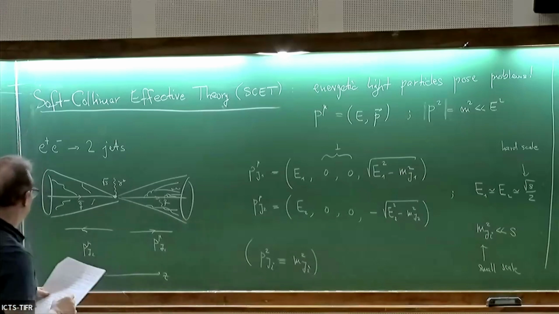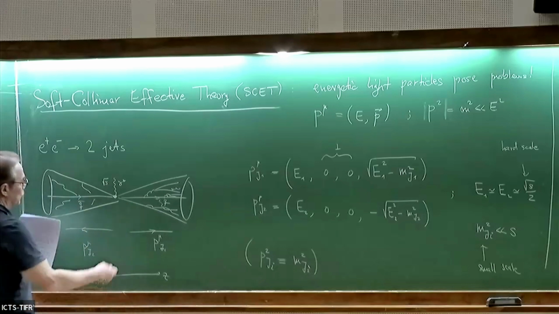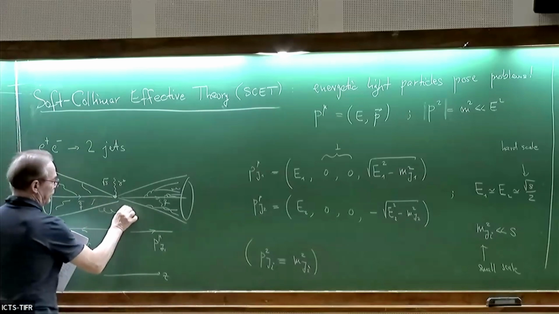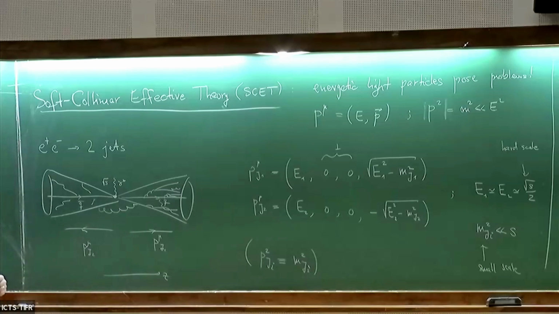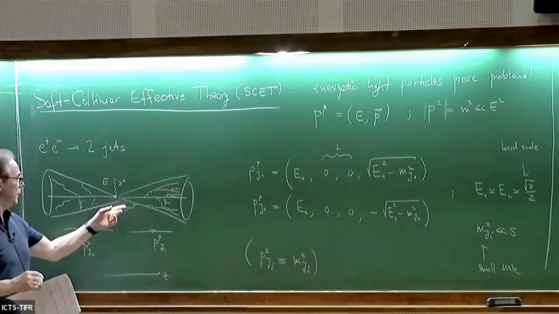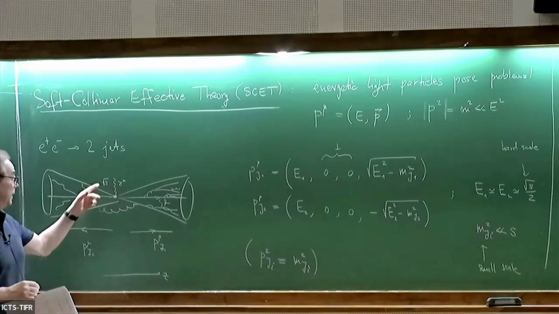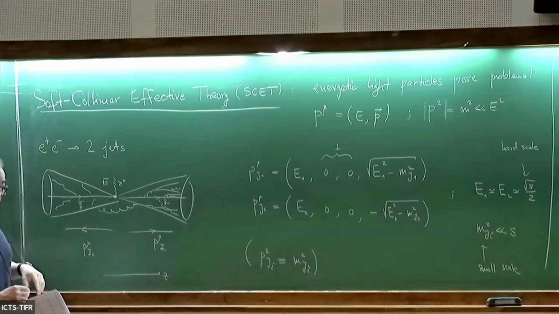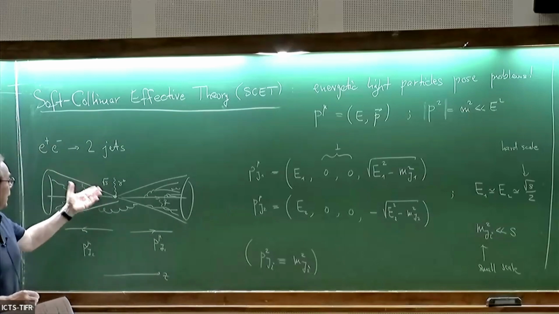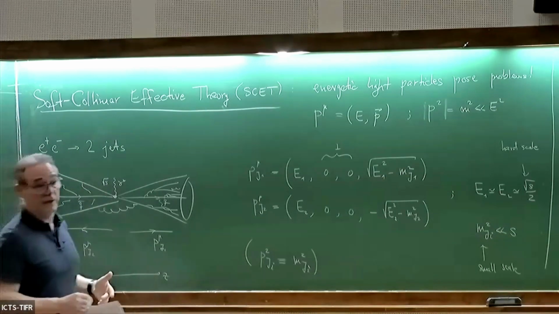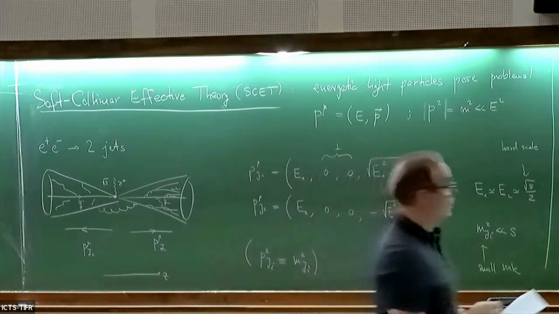Now, if I study loop corrections to this process, so for instance, imagine I exchange a gluon here in a loop, this is not an on-shell particle, this is a virtual particle. I integrate over all loop momenta. And these loop momenta generically can also be as large as the largest scale in the problem.